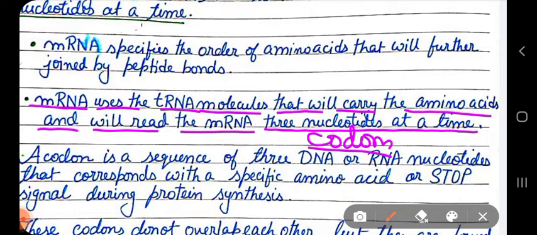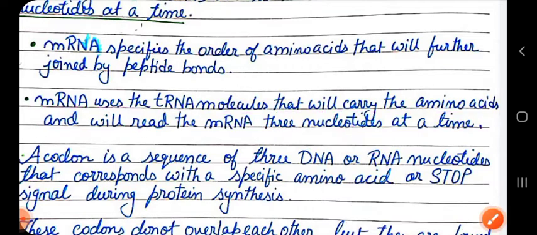With the help of codon-anticodon base pairing, it recruits the tRNA and allows that particular amino acid to be incorporated into the growing polypeptide chain.